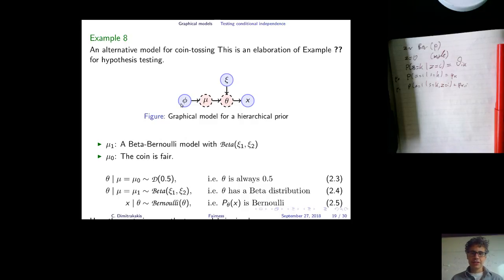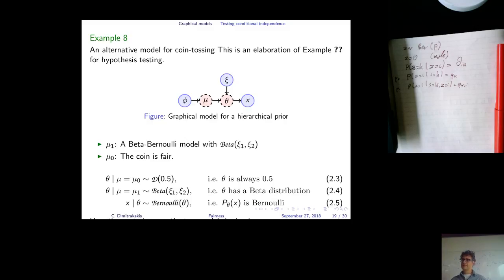The first is we have an unknown Bernoulli distribution, possibly. And the second is we have an unknown model for this Bernoulli distribution. Let's say that model 1 is specifically for the case where we think that the coin is distributed with some unknown Bernoulli parameter theta between 0 and 1.